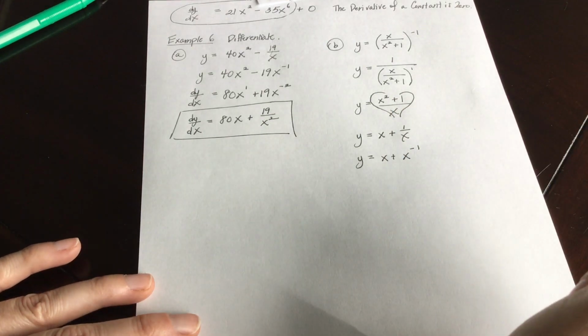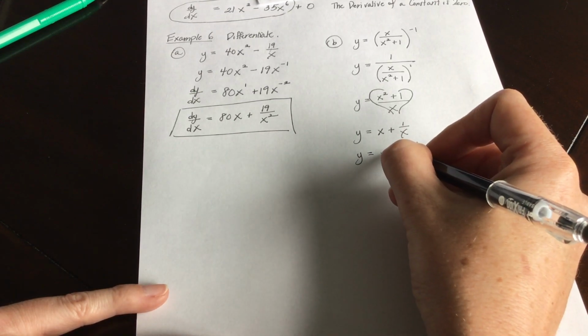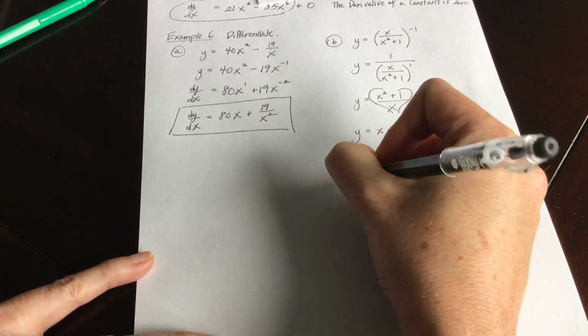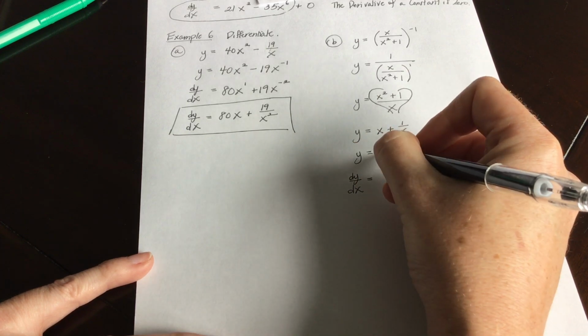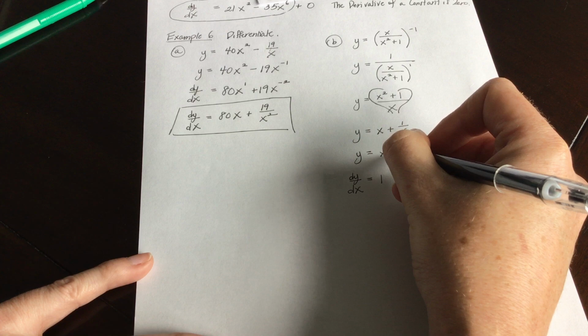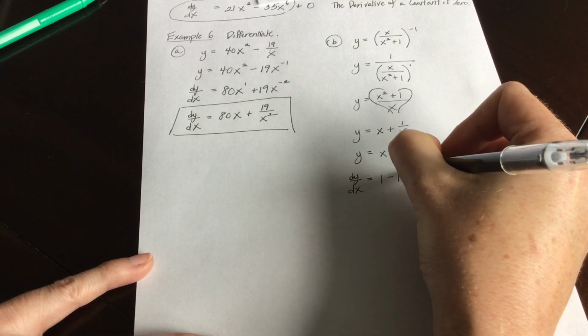Now we have the green light. This is something that we can use rules for. We have rules for the sum of two functions of x, and we have a power rule. So we would get dy dx, because I took d dx of that side, equals derivative of x is 1, and then derivative of x to the negative 1 is negative 1 x to the negative 2.